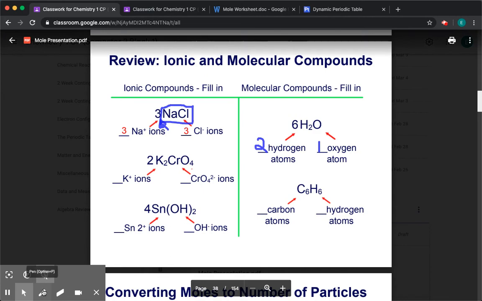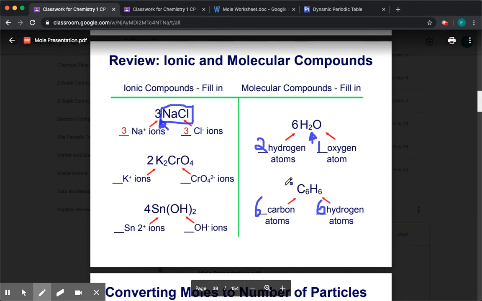This is where these values come in, okay? That's why I'm bringing this up, because you're going to see problems like that. And when you have that, all you do is you take the number of moles and you multiply it by the subscript, okay? That's essentially all you're doing. So this one doesn't have a number with it. Let's say, so right now in one of these, you have 6 carbons and 6 hydrogens.